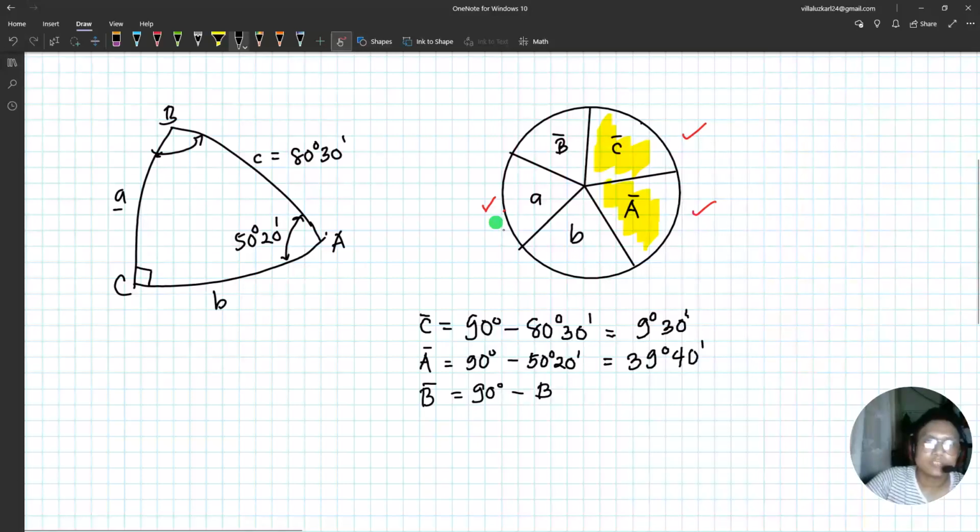That's the most convenient solution, and the most convenient middle part to choose is side A.